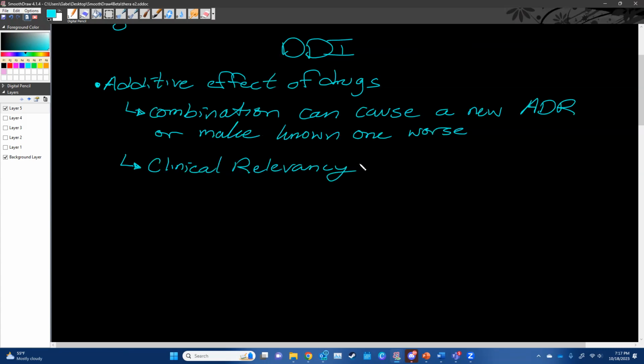All it comes down to is a combination of what is the combination going to cause plus what is the patient at risk for. So the drug interaction equation is what is the drug combo plus risk factors for the patient already.